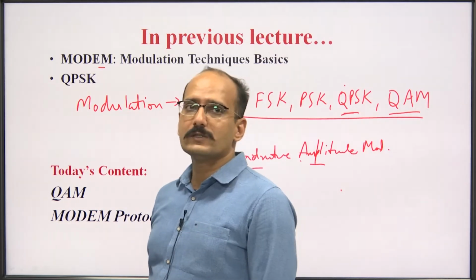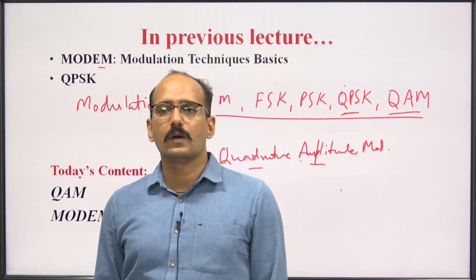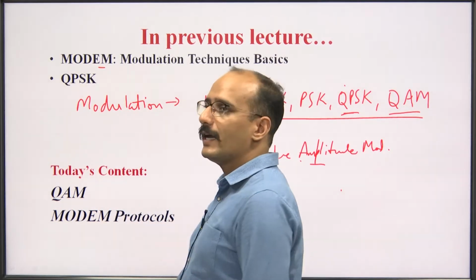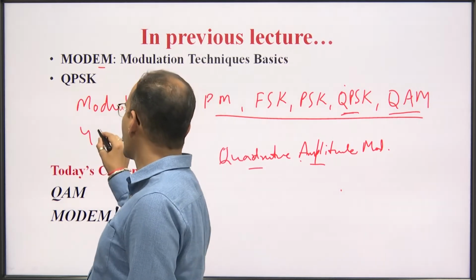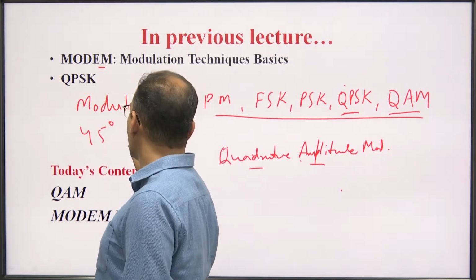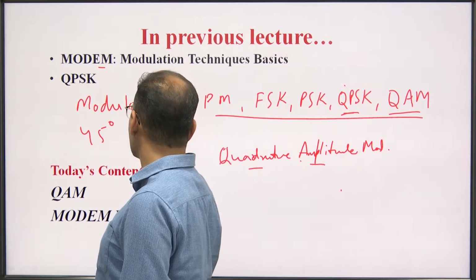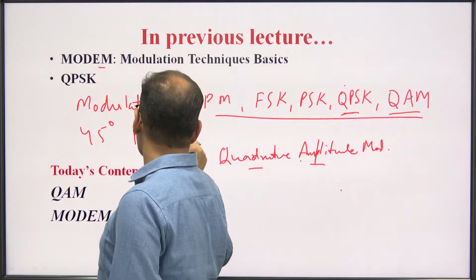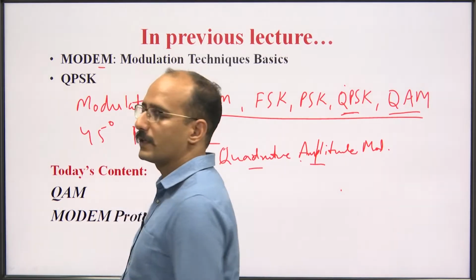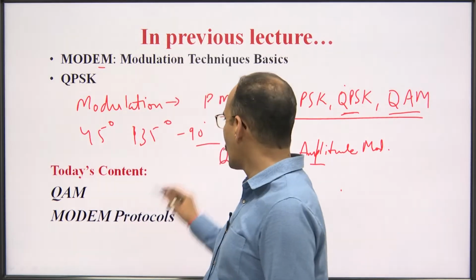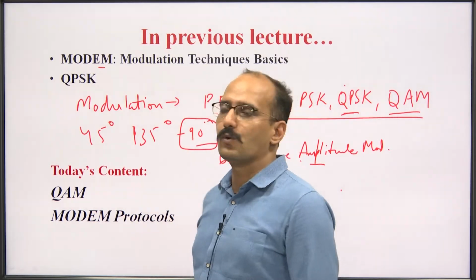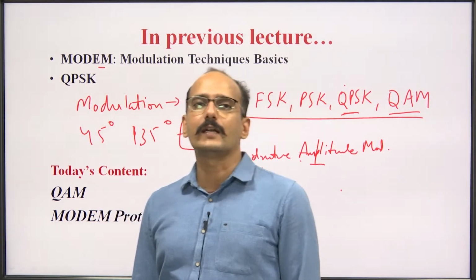You understood one point very clearly: in QPSK we use unit magnitude, amplitude 1, with phase differences of quadrature, meaning 45 degrees, 135 degrees and so on. Here there is a difference of 90 degrees between the two carriers.